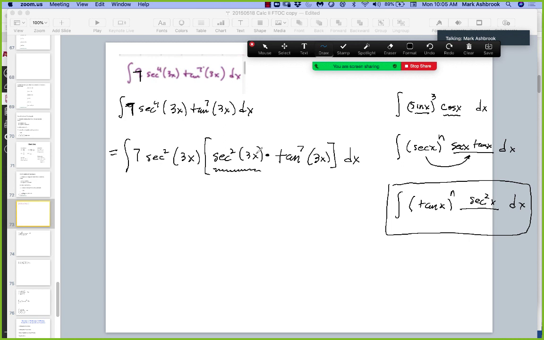Do we have an identity that I can use to get from this to tangent? Yeah, secant squared equals tangent squared plus 1. Okay, cool, there's the Pythagorean identity. So that's secant squared.